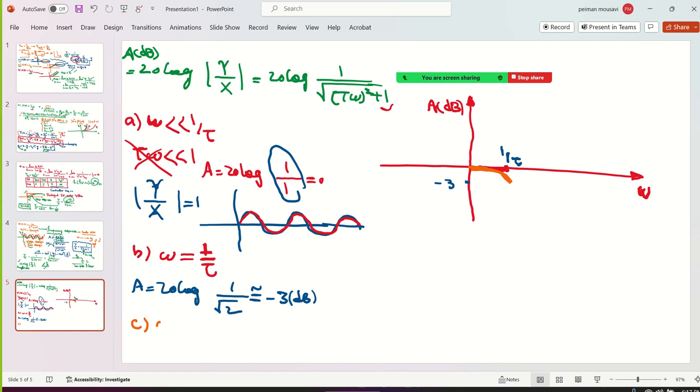C. Suppose that your excitation frequency is much higher than 1 over tau, which means tau omega is much higher than 1. Okay, so you can say A is equal to 20 log of 1 over tau omega. For example, I'm saying omega is 10 over tau.